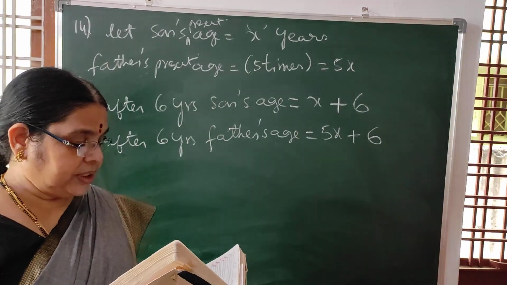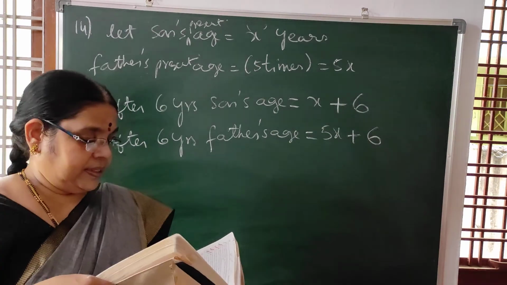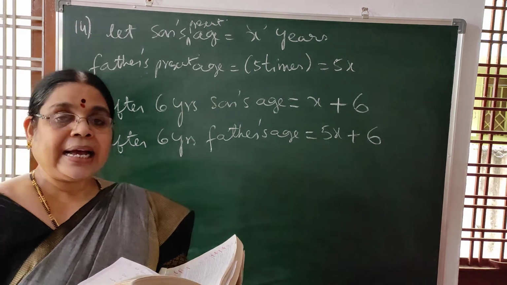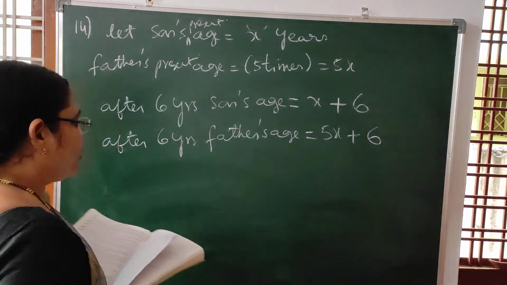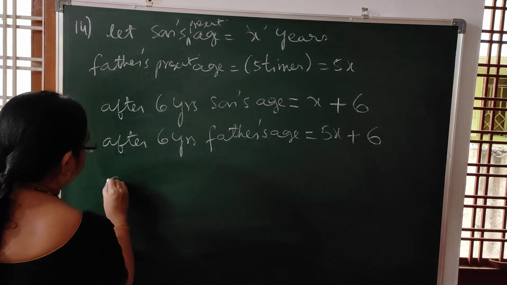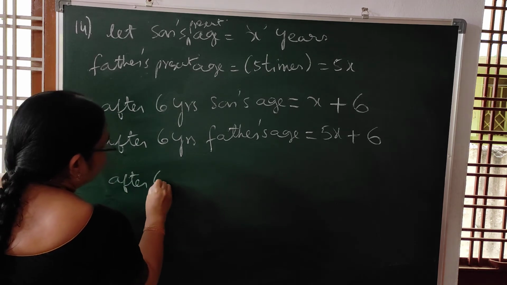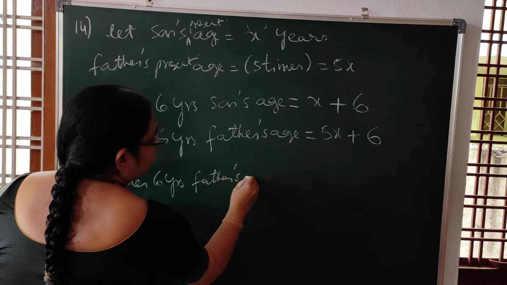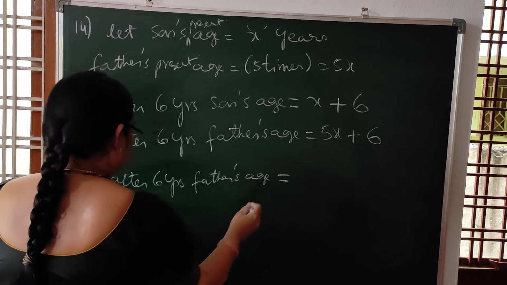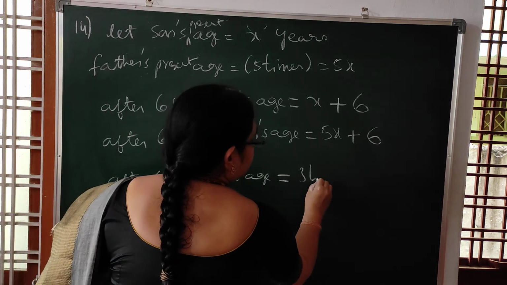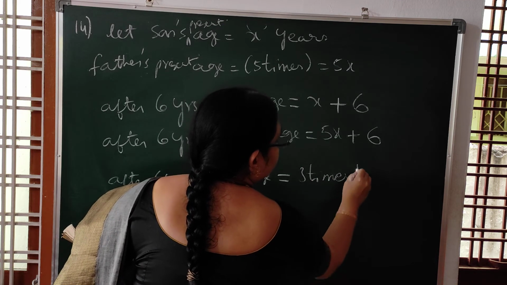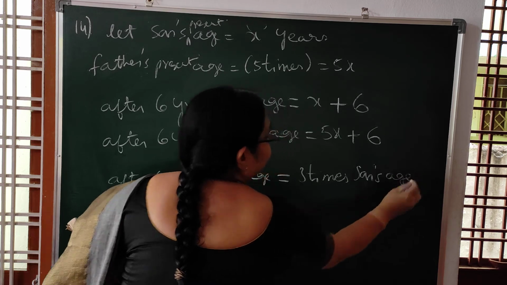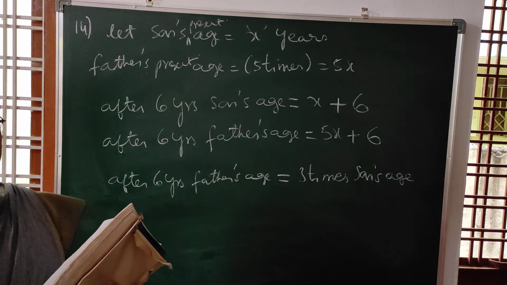So what is the condition given here? After 6 years, I will be 3 times as old as he will be then. I means the father. So after 6 years, the father's age is equal to 3 times the son's age. This is the given condition.